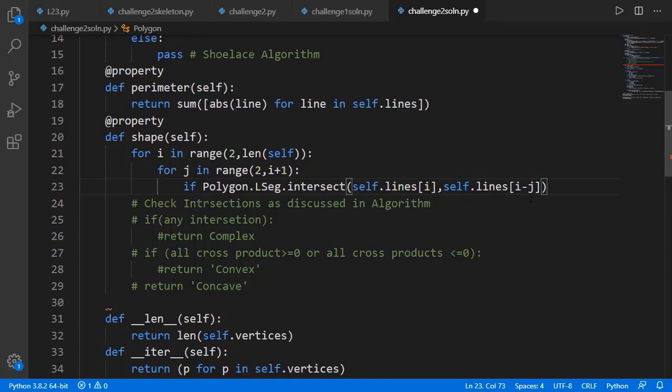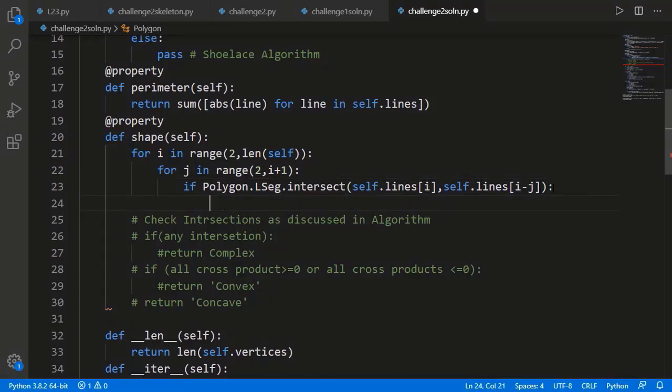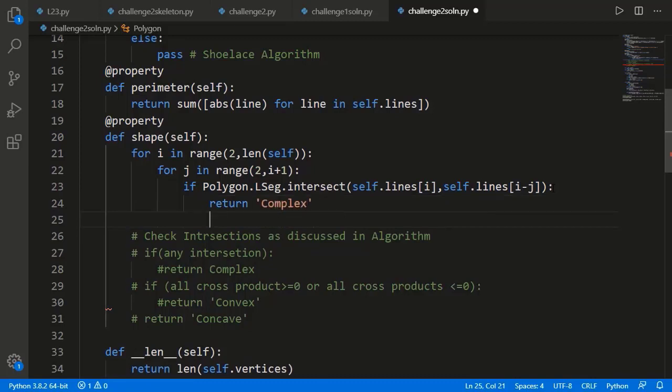Please see carefully that i minus j will have values starting from i till 0 when j will be equal to i. If there is any intersection, we can declare polygon as complex, and otherwise it will be convex or concave, but at the moment we will declare it as non-complex.